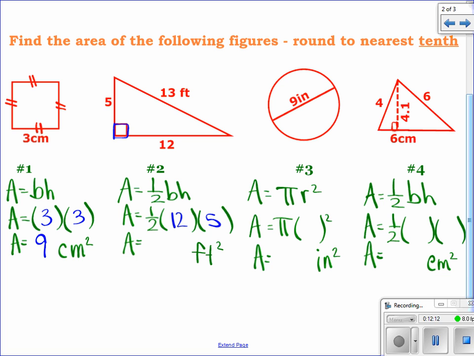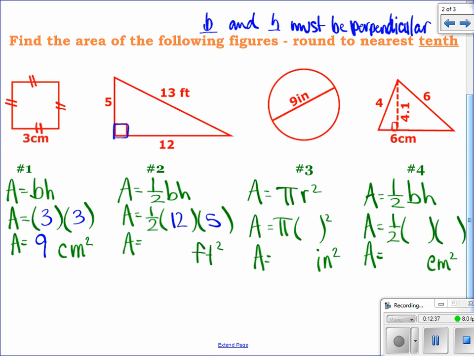Base and height must be perpendicular. Okay, so you're always looking for that square in the corner so you know which 2 numbers to pick. Okay, so you should get 30 here.